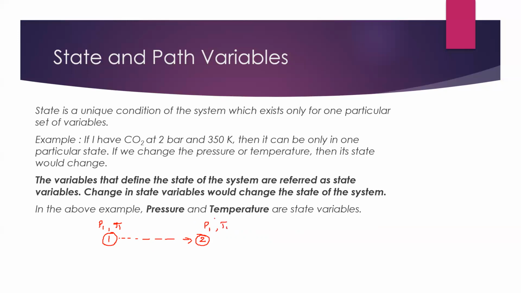It might be possible that one of them is the same, but all the variables cannot be the same, right? So these variables which change as the state of the system changes are state variables. All the variables of one state cannot be the same at the other state. One or the other state variable has to change. So in the above example, pressure and temperature are of course state variables, right?